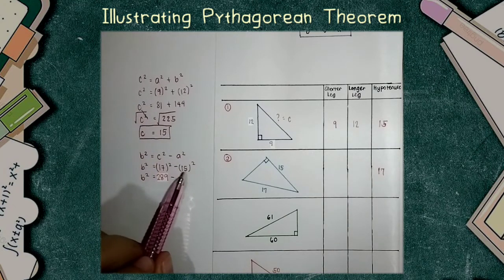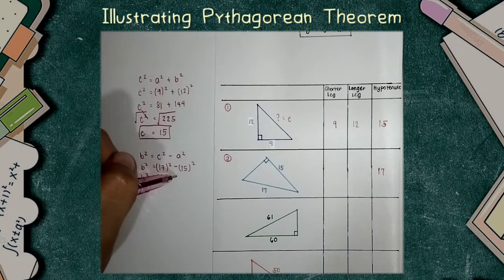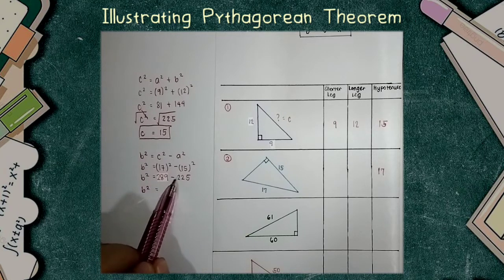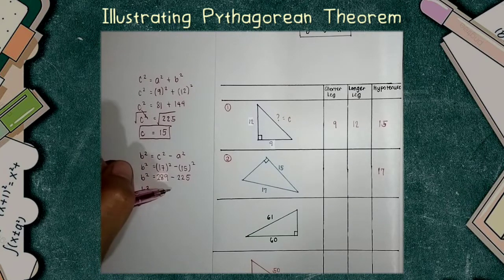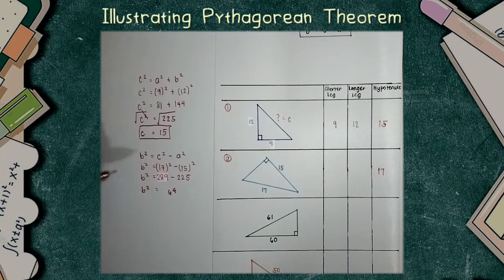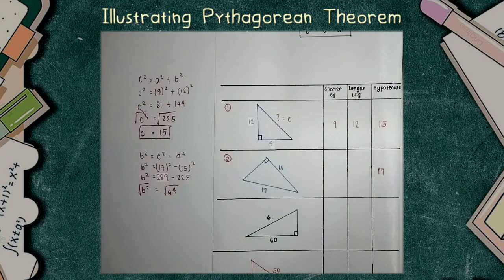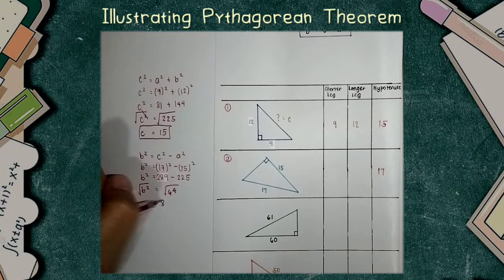Then, 15 times 15 ay equals to 225. So B squared is equal to 289 minus 225, which is 64. Then, kunin natin yung square root. B is equals to the square root of 64 is equal to 8. So, therefore, B is equals to 8.